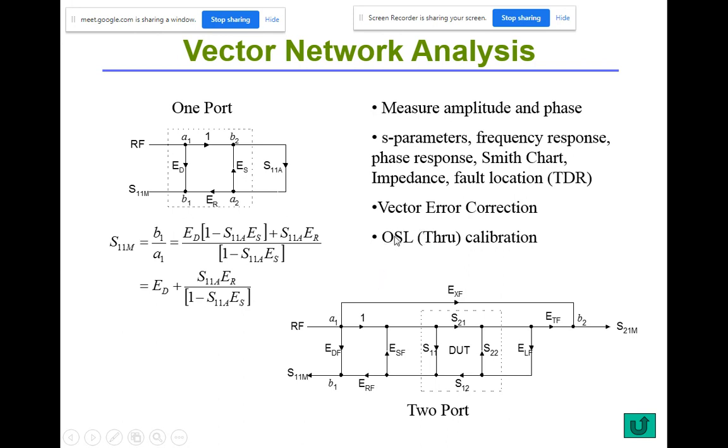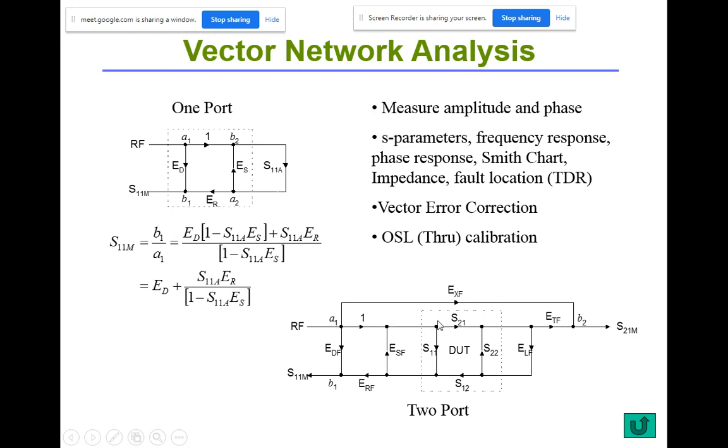That means you need to do open short load measurement at port 1, and also at port 2. And then finally, you connect the cable directly from port 1 to port 2. That is called the through measurement. So with all these measurements, you can find the 12 error terms.